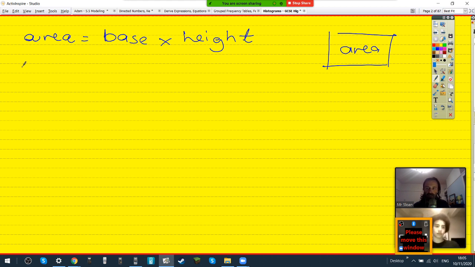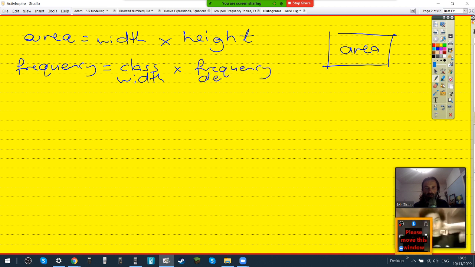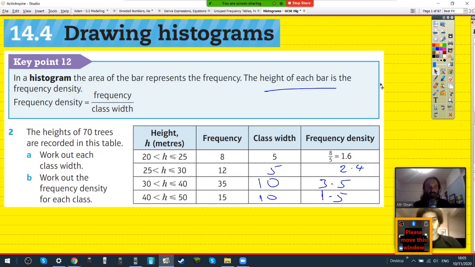Alright, histograms are rectangles. Frequency equals width times height, which is class width times frequency density. So it's exactly the same thing, and we wanted to get the height of the bars by doing that first.